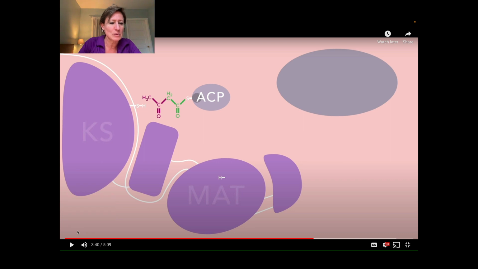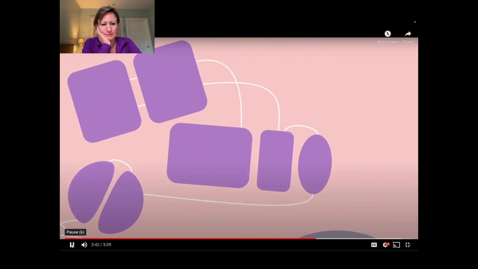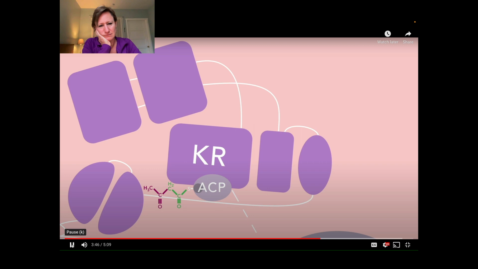So I'll probably let that play because we haven't talked specifically about those enzymes, but watch these red carbon atoms go from a carbonyl to an alcohol to an alkene, and then an alkene to an alkane. The acyl carrier protein delivers the chain to the modification compartment where beta-ketoacyl reductase reduces the carbonyl group by adding electrons donated by NADPH.